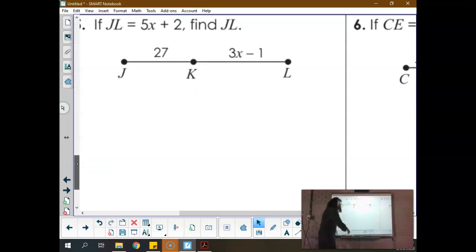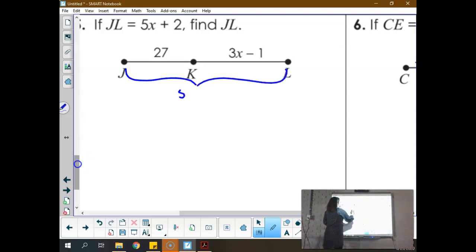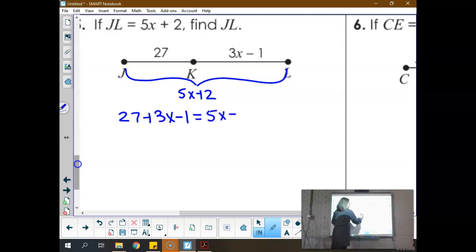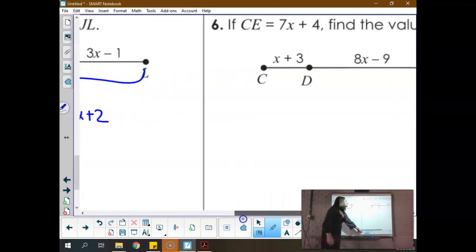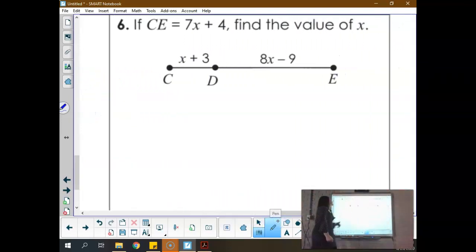So, on this one, I've got JL is 5x plus 2. Part, whole. Solve for X. Same type of dealio is going to happen over here on number 6.